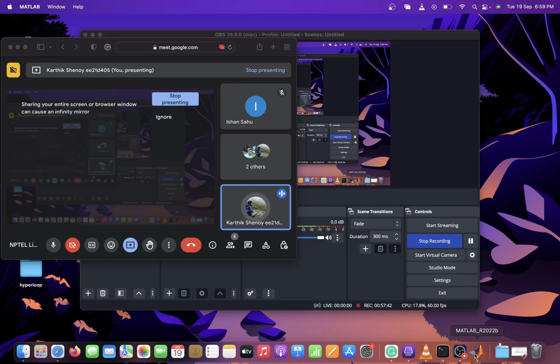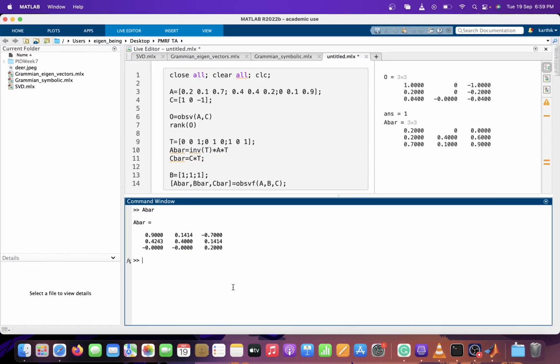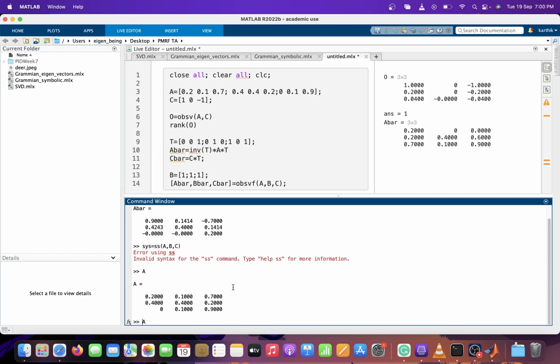Just like in last class, you can find the Gramian also. So if you find the Gramian, I'll just have to declare first sys equal to some system equal to ss of A, and I'll declare some B and C. Is there some issue?